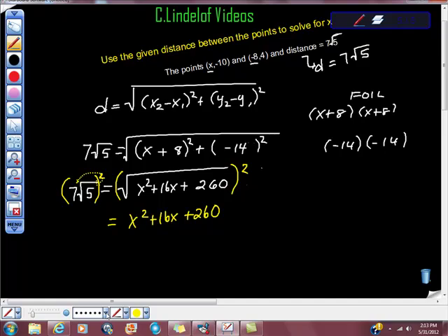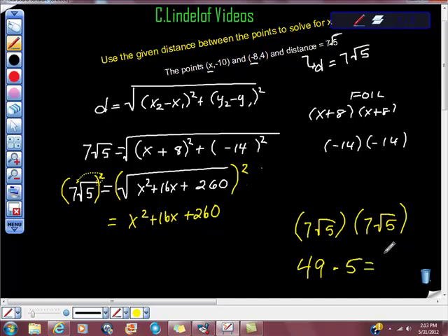Just to show you what that looks like, 7 square roots of 5 squared is the same as 7 square roots of 5 times 7 square roots of 5. 7 times 7 is 49. I'm not distributing, I'm just using the commutative property. And the square root of 5 times the square root of 5 is the square root of 25, which is just 5. If you multiply this out, it comes out to 245.